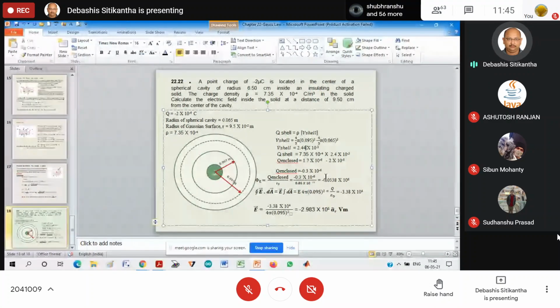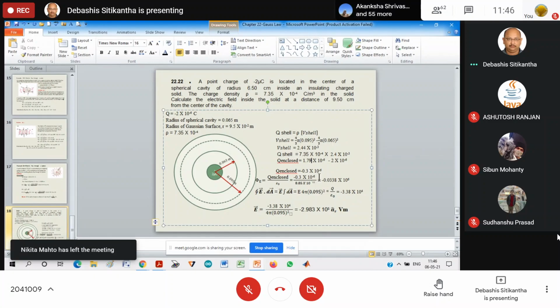Yes, here somebody has made the mistake. It's coming 9 into 10 to the minus 6 minus 2 into 10 to the power. So this one is coming as 0.205, 0.206, divided by.